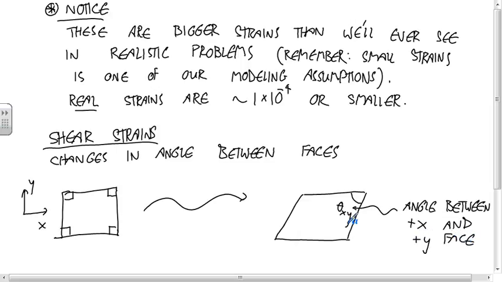So notice if you didn't use the positive for both of them, like, say, the negative x face and the positive y face, you'd have an obtuse angle when what we want in this example is the acute one, okay? So it needs to be between the correct two faces.